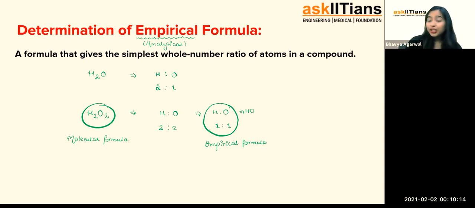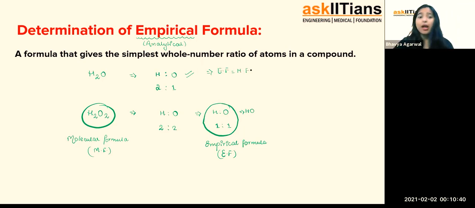Now, for some molecules, it might be the same. It means the empirical formula might be the same as the molecular formula. For instance, in water. So this empirical formula, I can write it as EF. Molecular formula is MF. So I can say that for water, its EF is the same as MF.